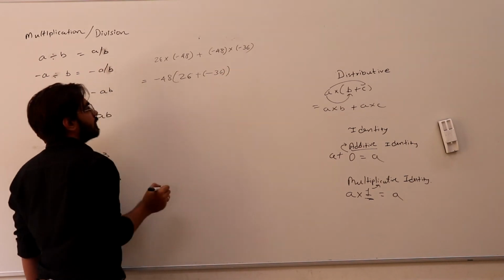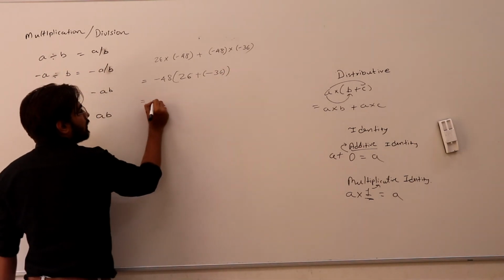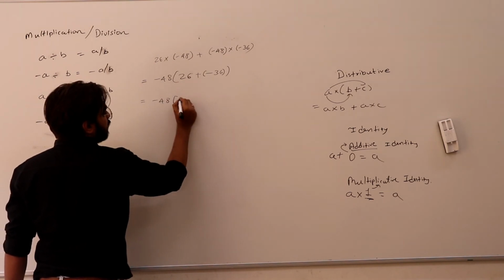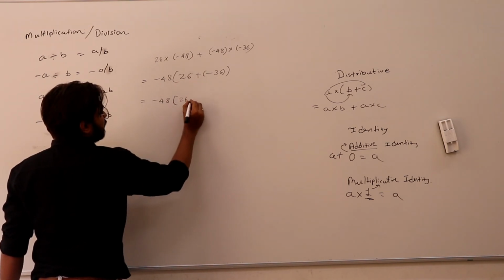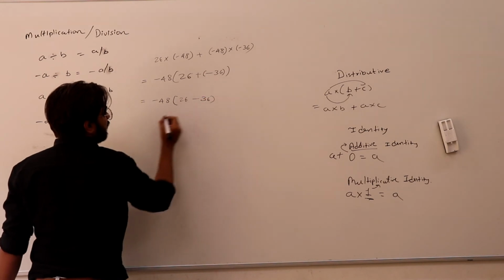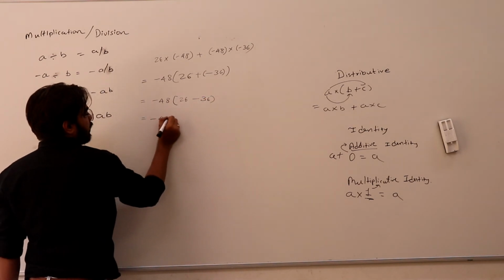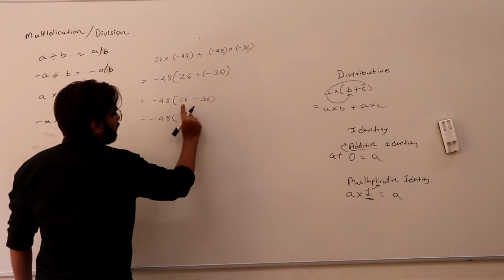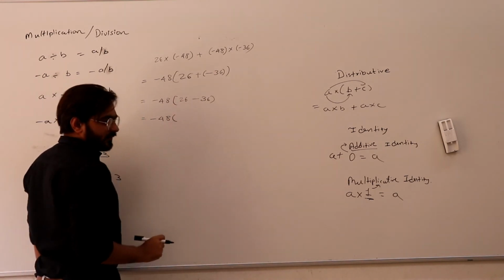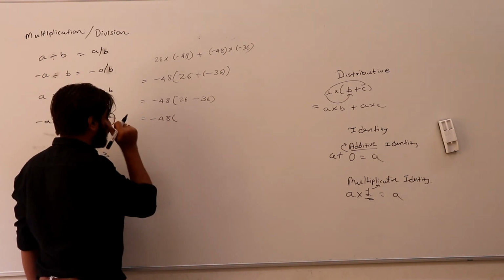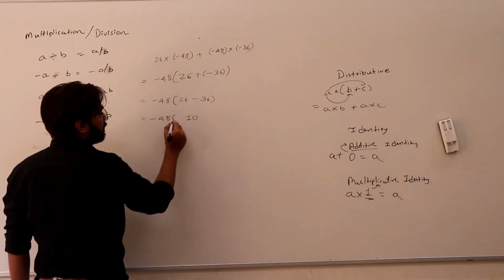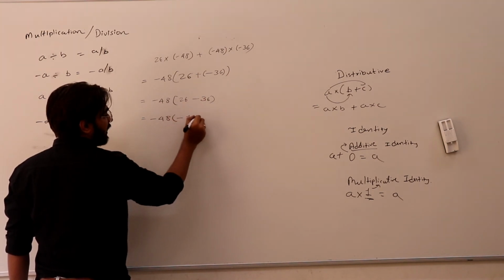Okay. Now minus 48, now 26, again plus minus minus 36. Now remember last time's lecture, 26 minus 36: plus minus minus, the process is subtraction, bigger number minus smaller number. 36 minus 26 gives you 10, sign of the bigger number, that is 36, that is minus.